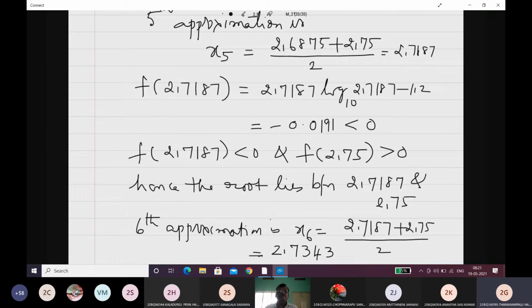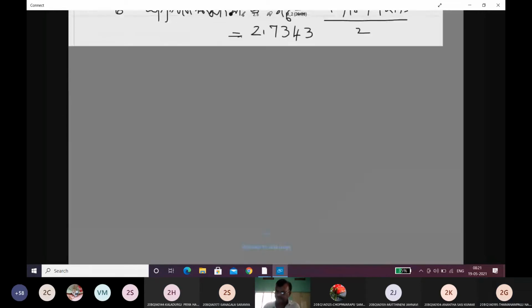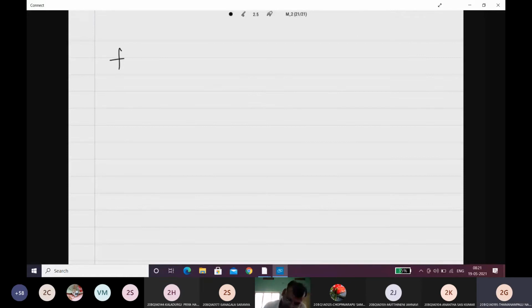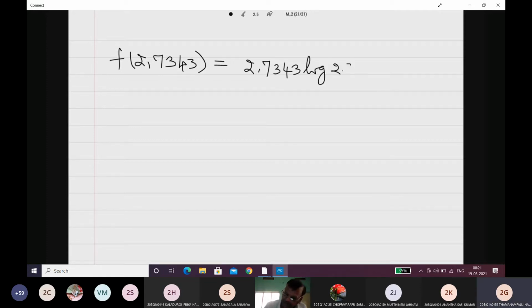Now f of 2.7343, that is 2.7343 log of 2.7343 base 10 minus 1.2. What is this value? Minus 0.00553.